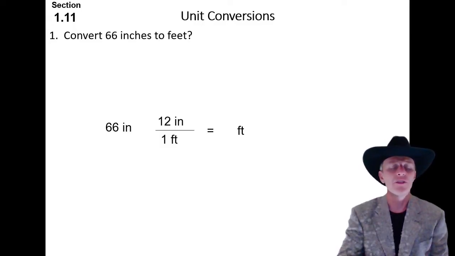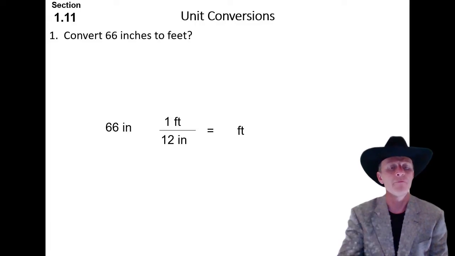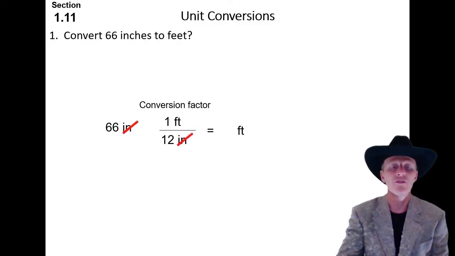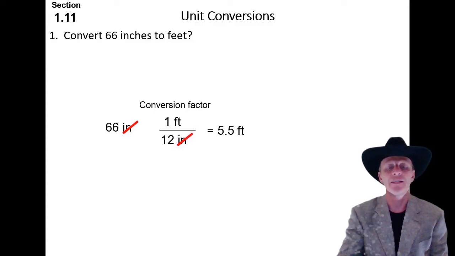But they can't really cross cancel if we had the 12 inches on the top. So let's switch it so that the 12 inches is on the bottom. So now we can cross cancel the inches, and we're multiplying it by 1. That conversion factor doesn't change the value, so really all we have to do on the calculator is 66 divided by 12, and it gives us the 5.5 that we knew.